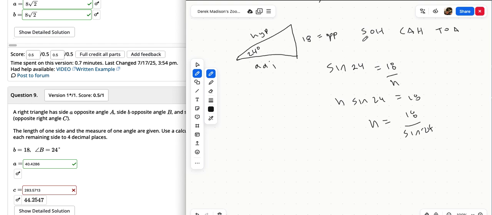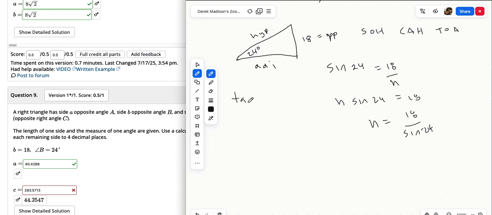I would probably go to, so I just used sine and I need to get adjacent. So I'd probably use tangent just because I'd rather work with that 18 than with the 44.2547 number. That just seems like I'll mess it up. You could totally put cosine of 24 equals adjacent over that 44.2547. That would get you the adjacent side.